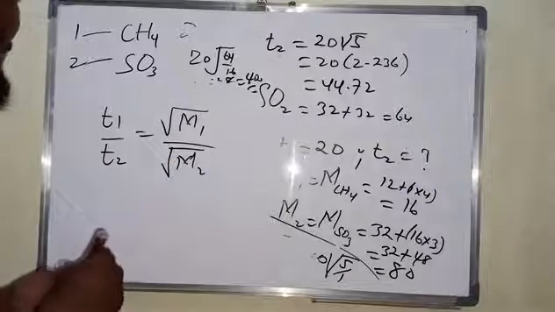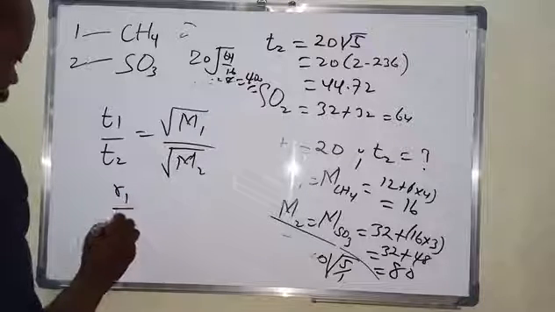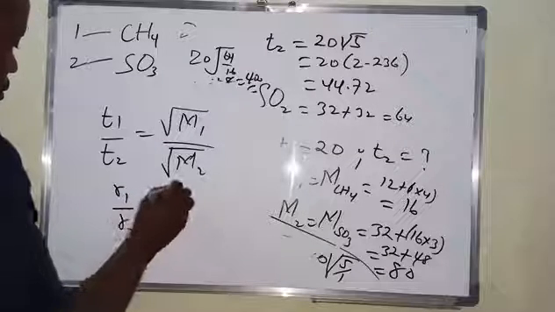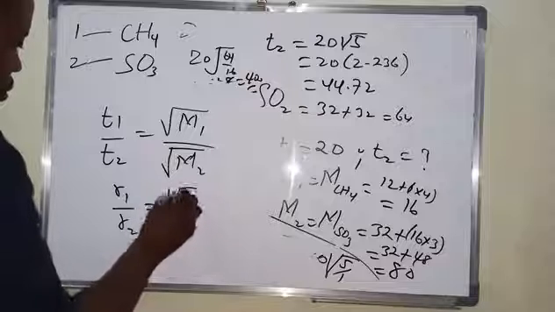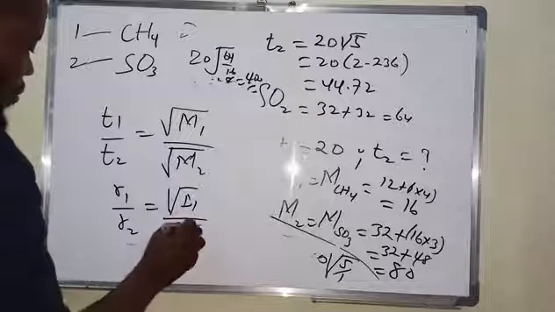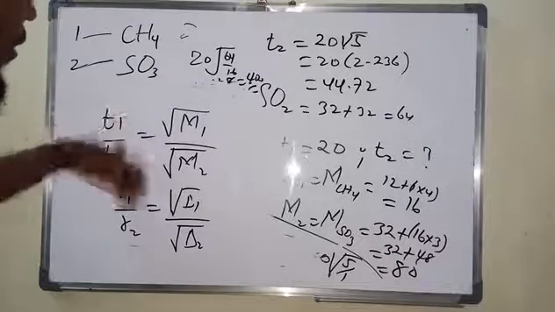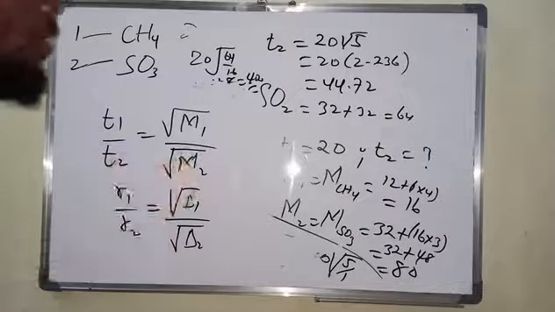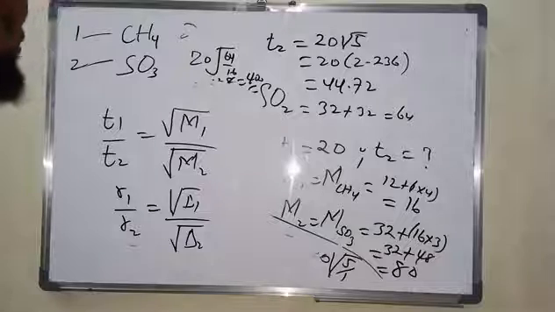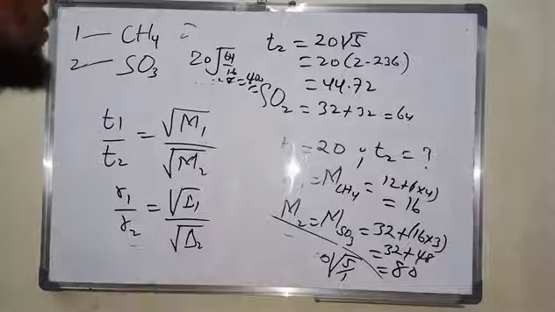If it is in terms of rate, R1 over R2 equals root of D1 over D2. Take note of this, because most questions use time and molar mass. All you do is substitute what you are given and then find what is unknown.